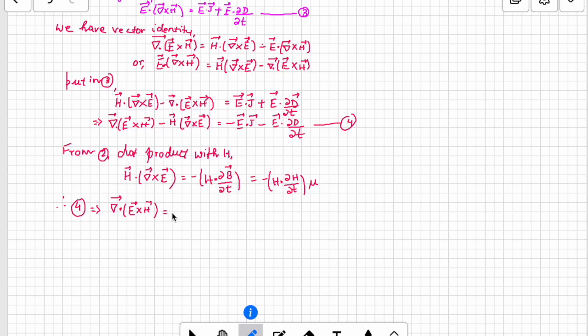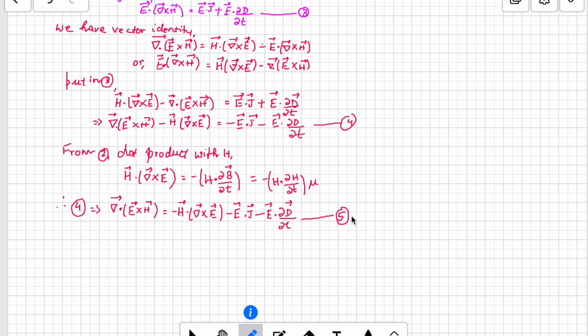So I can simply write it down as minus H bar dot del bar cross E bar, minus, we already have the other two terms, E bar dot J bar, this term, minus E bar dot del D by del T.